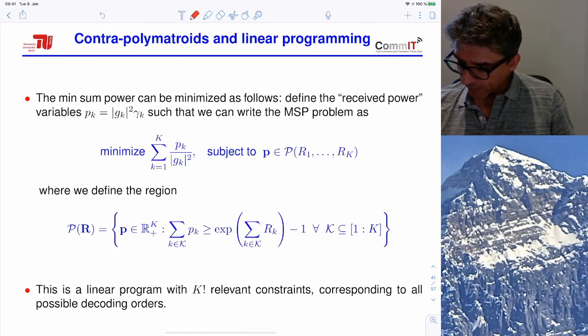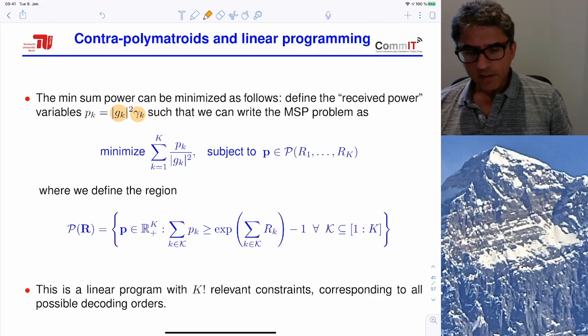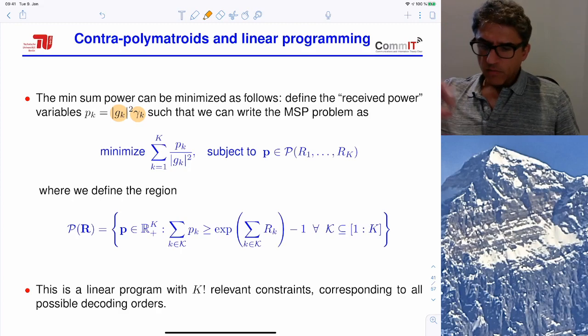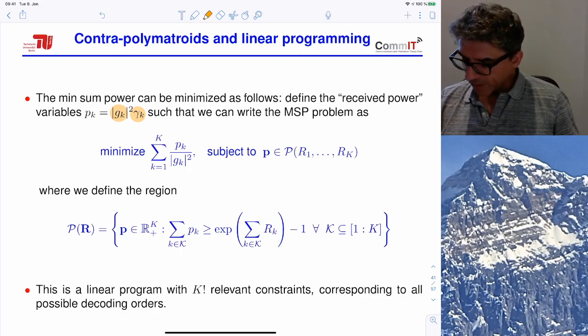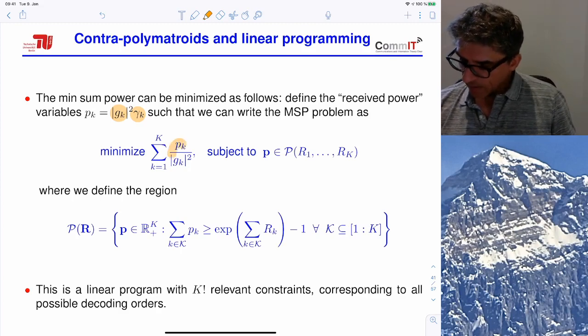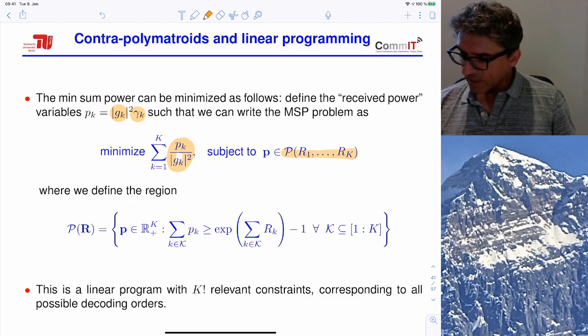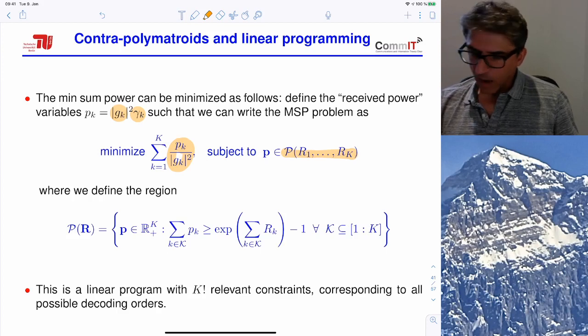So let's define the received powers. Received powers are simply the transmit powers times the channel gains, and we can reformulate the problem in terms of received power. So we minimize the sum of these ratios. These are the same as minimizing the sum of the gammas, subject to the received powers staying in the power region, the received power region that supports the given rate tuple R1, ..., RK.